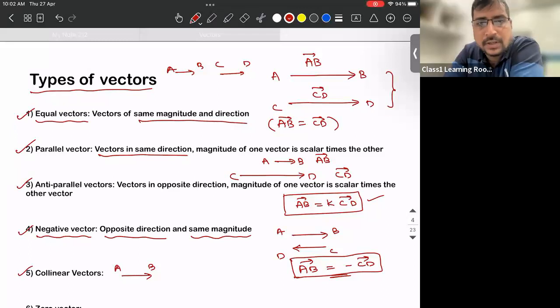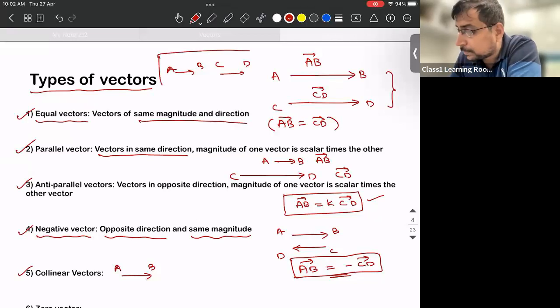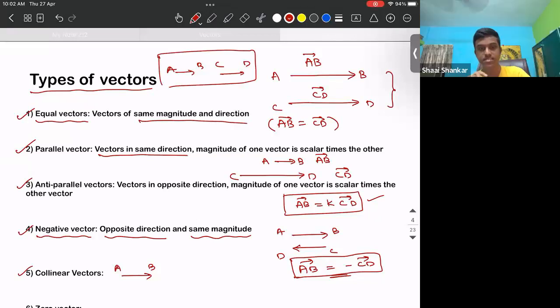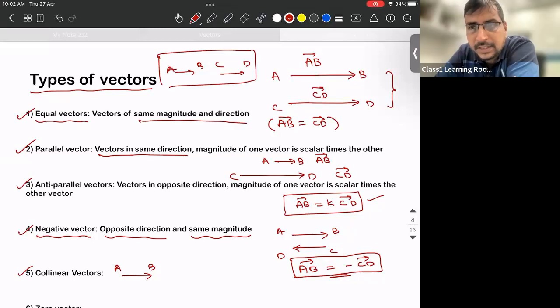So if I draw AB vector and CD vector like this, can I call them to be equal vectors? Yes, they are, because we told they should have the same magnitude and same direction.